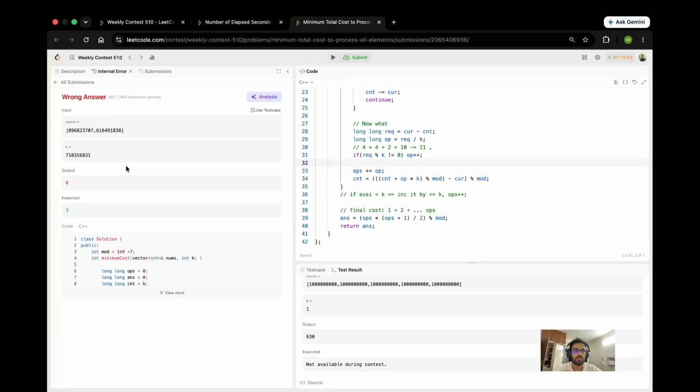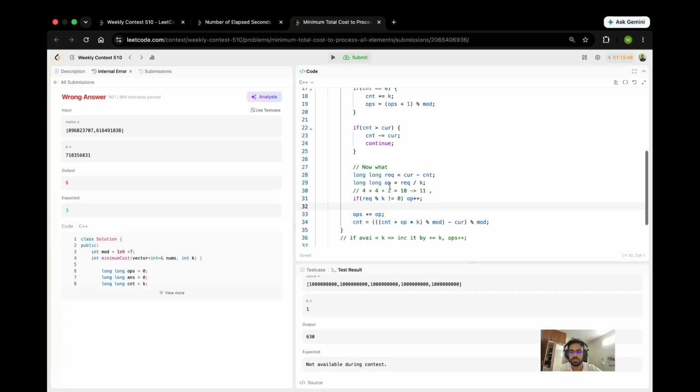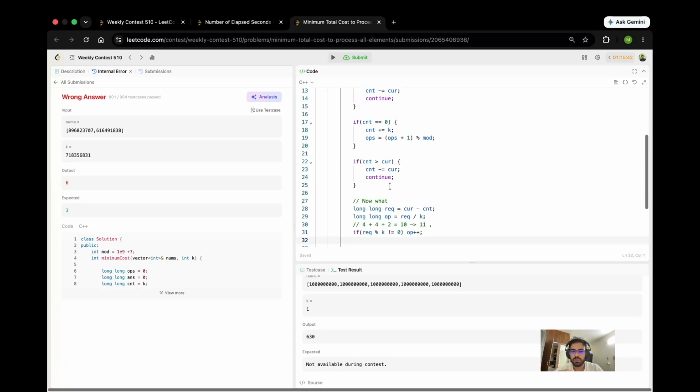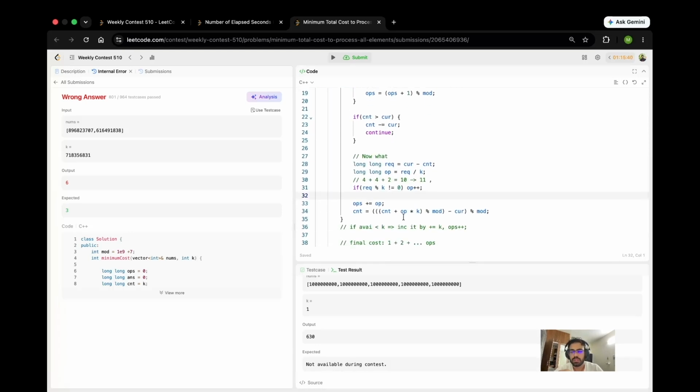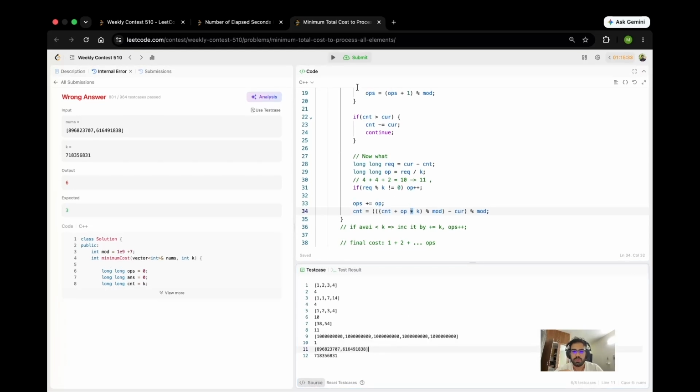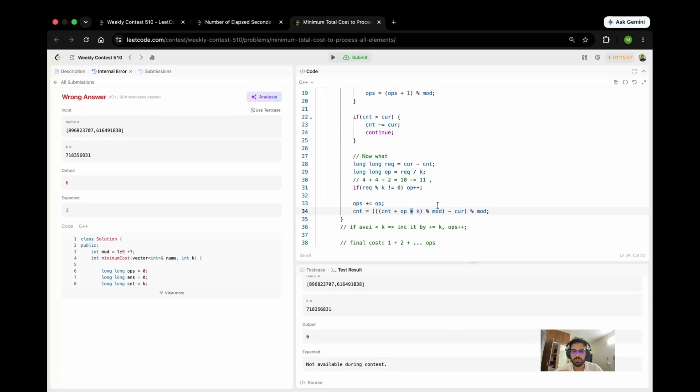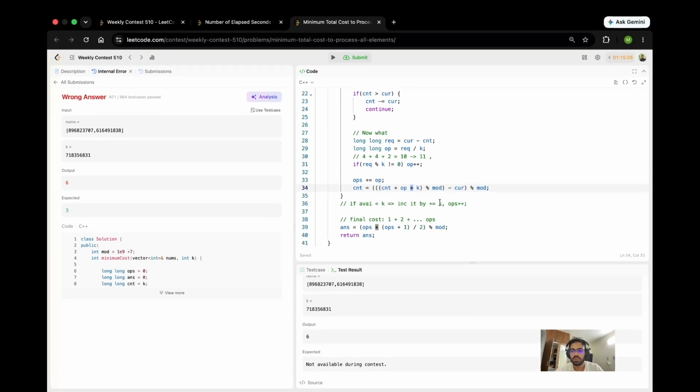Wrong answer. Output 6 expected 3. Hmm. What do we have here? This count plus operation multiply by, okay, 3 only.